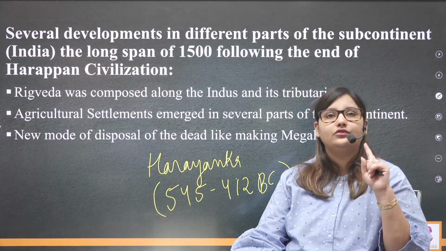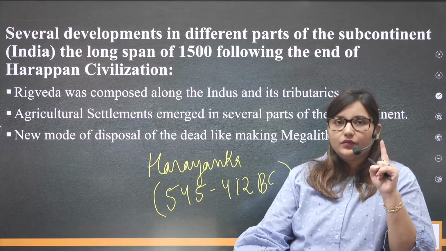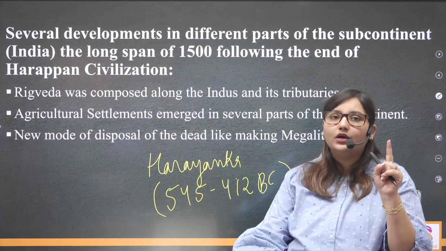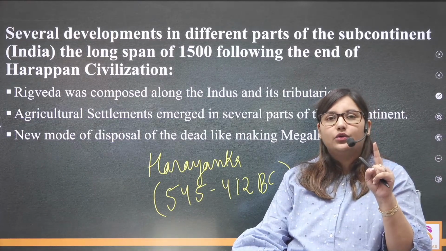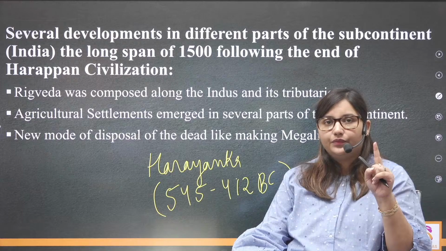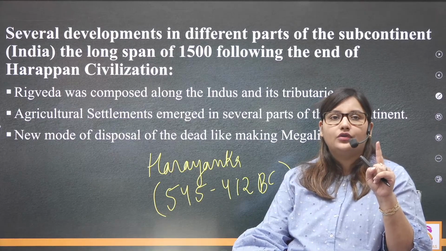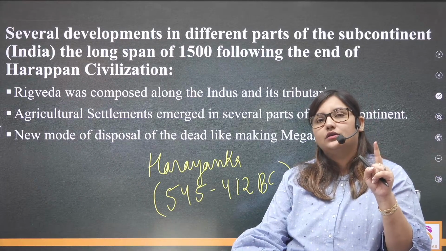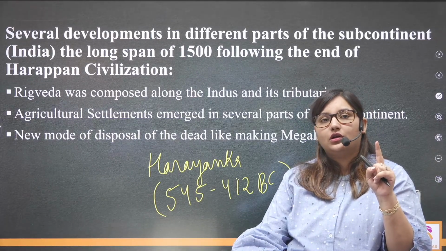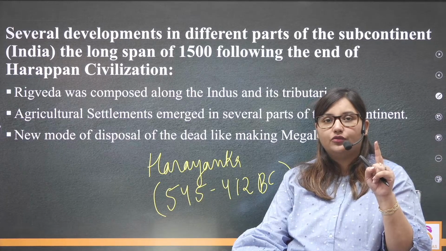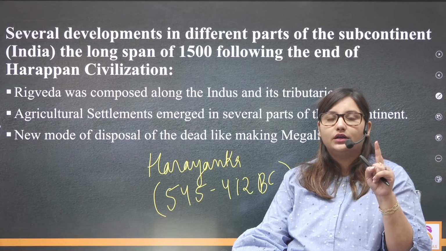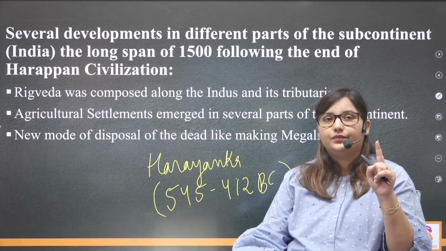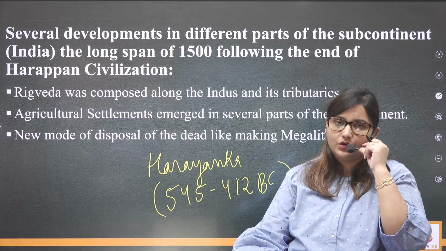So the first wife was Koshal Devi. You can write the Bimbisara wives. Number 1, Koshal Devi, daughter of King Koshal and sister of Prasenjit. We have written about Prasenjit if you remember.